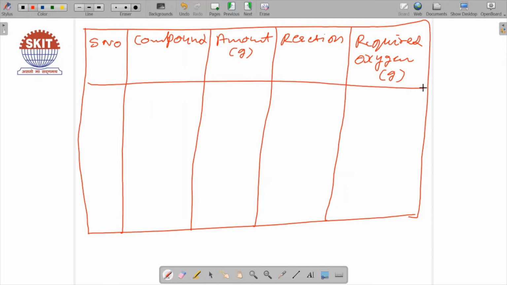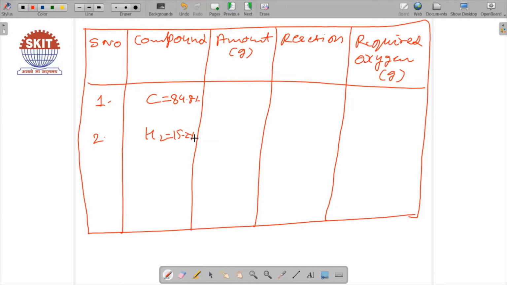So this is the structure of the table. Now number 1 is carbon and number 2 is hydrogen. Compound carbon 84.8%, and hydrogen 15.2%.